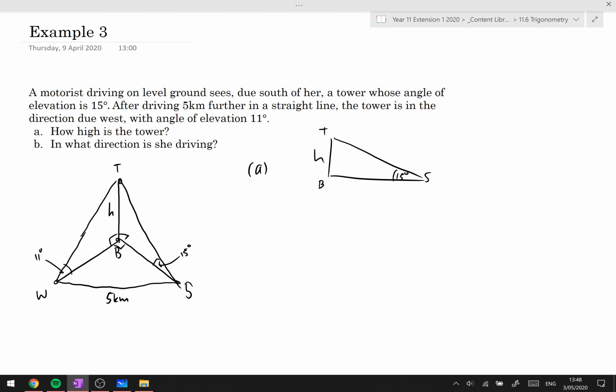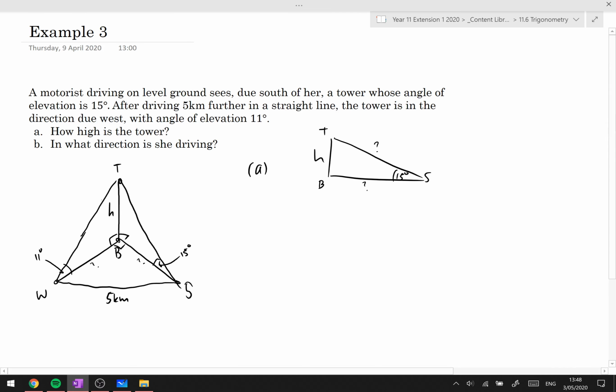We don't know the length of this line of sight, and we also don't know how far away she is. And there's no way we can work it out either, because the base to south and the base to west are going to be different distances away, since the angles of elevation are different when she looks at them. So how do we actually work out what this is?